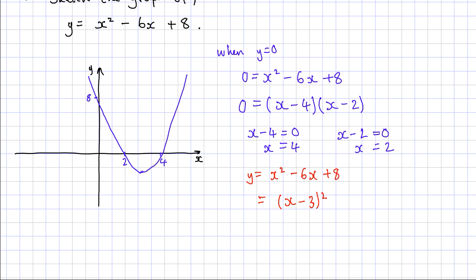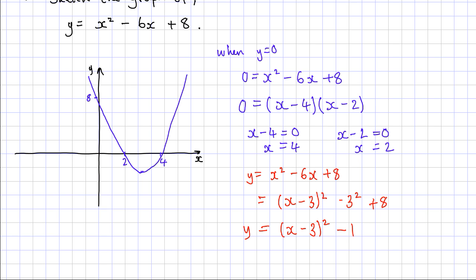squared, and I need to take away 3 squared plus 8 here. Now this minus 3 squared is just minus 9, and then add 8. So minus 9 add 8 is minus 1. And I have y here.